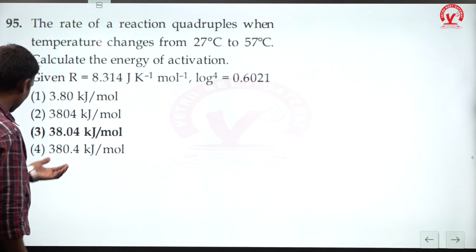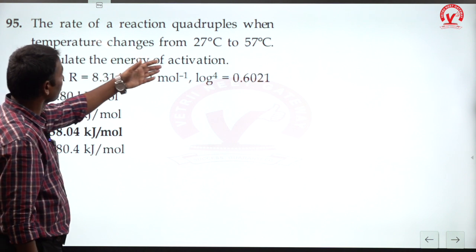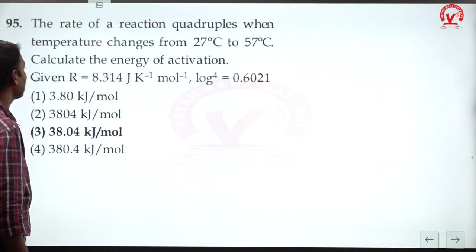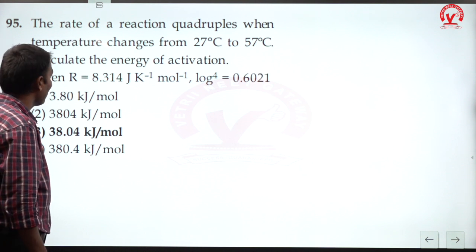Question number 95. The rate of a reaction quadruples when temperature changes from 27 degrees Celsius to 57 degrees Celsius. Calculate the energy of activation. Yes.